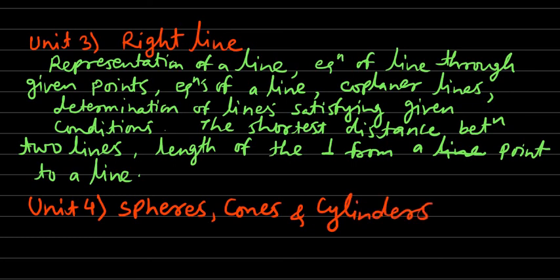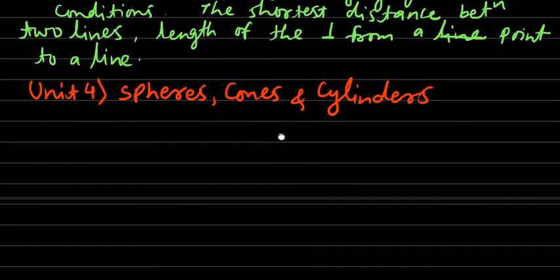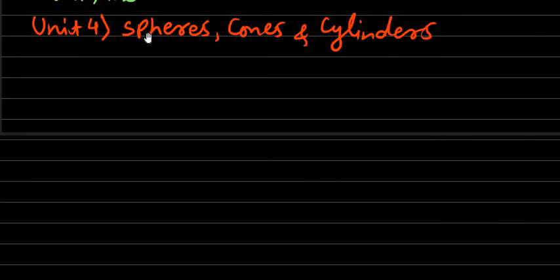These 3 things we are going to study in unit number 4. To begin with the spheres, in this unit we are going to study the definition of a sphere, how the sphere can be defined, then the equation of a sphere, then the general equation of a sphere.